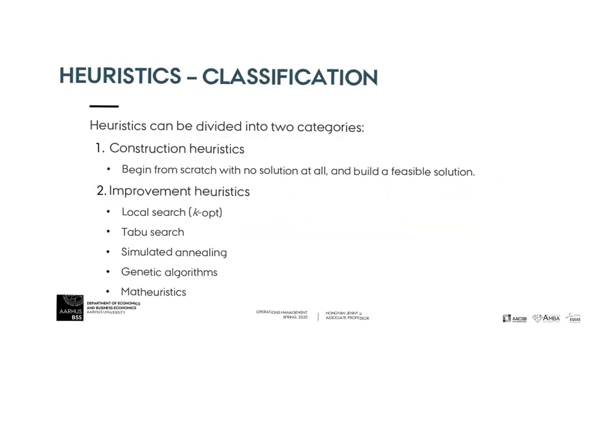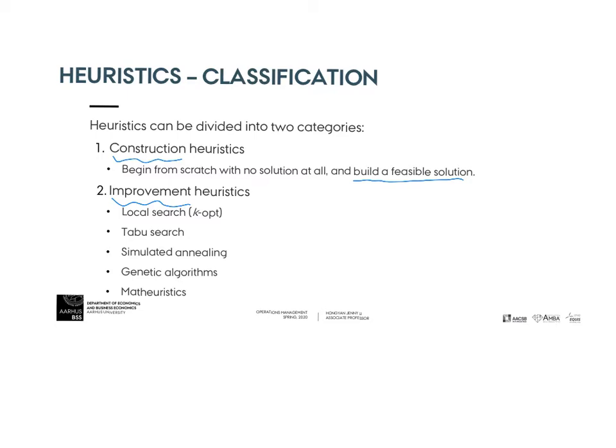Heuristics can be divided into two categories. One is called construction heuristics. One is called improvement heuristics. That's easy to understand. Construction heuristics means you start from scratch and build an initial feasible solution. Improvement heuristics is based on the initial feasible solution, and you search around to see if you can further improve the initial solution.